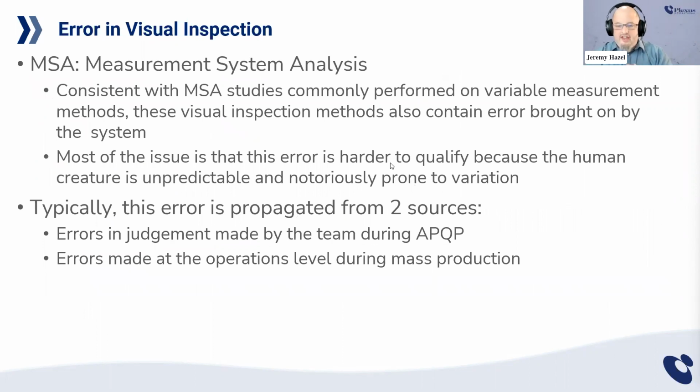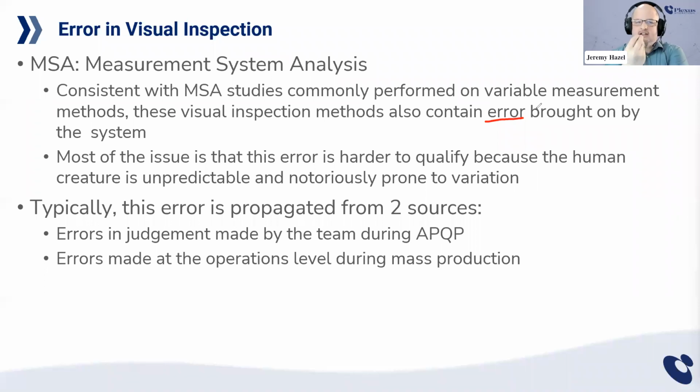Now, the thing that we need to remember is that the visual inspection also contains error, right? A person's visual inspection is never 100% accurate, much like any other type of MSA study for a variable gauge. You are going to get some error. This could be variation in the human being's ability to see, so their vision.